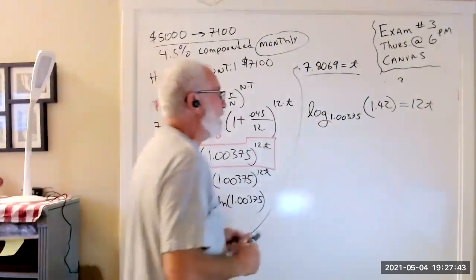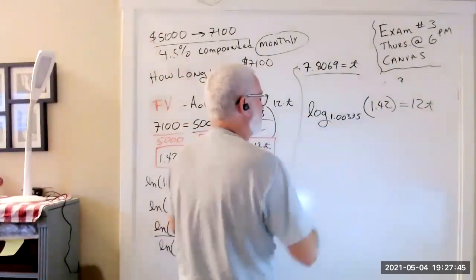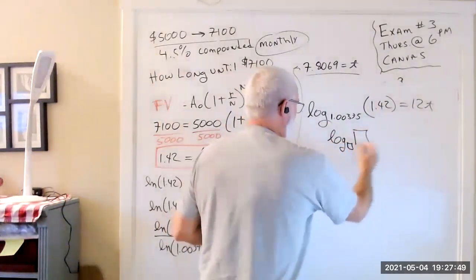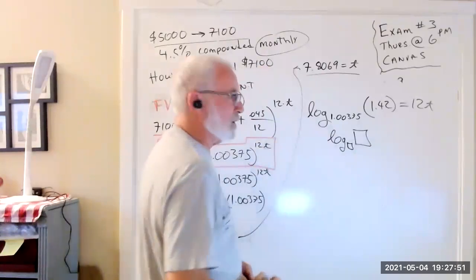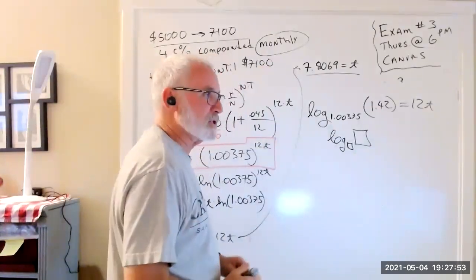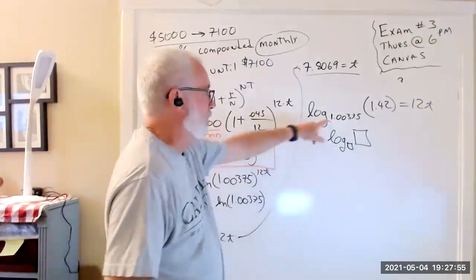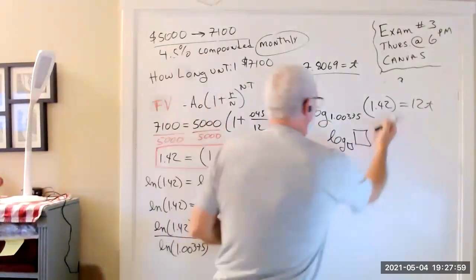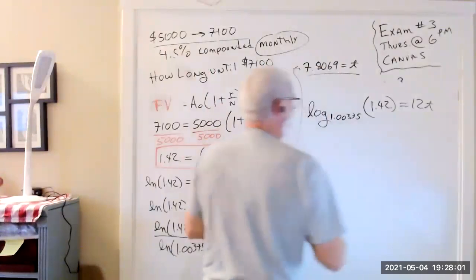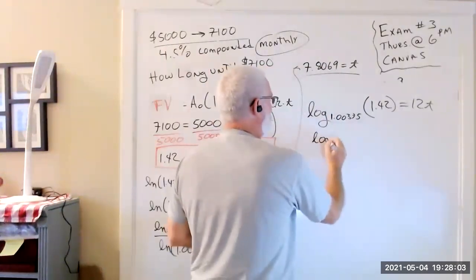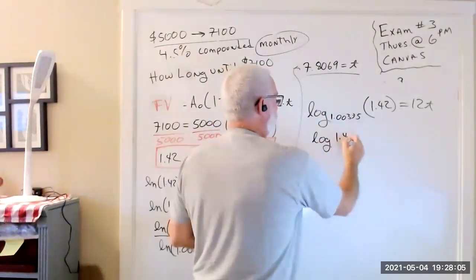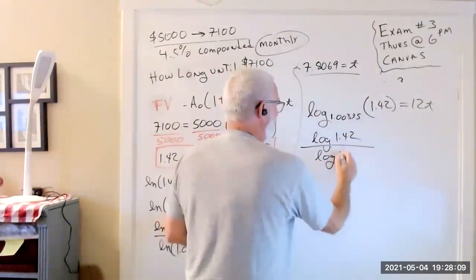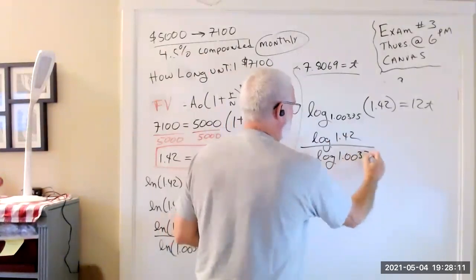If you have the magic button on your calculator, which is log base of that, some of you have that button. If you got the TI-36X Pro, cool, it'll do that right away. If not, then this becomes log of 1.42 all divided by log of 1.00375.